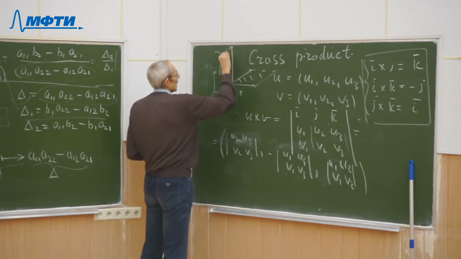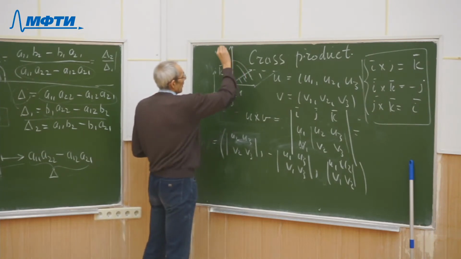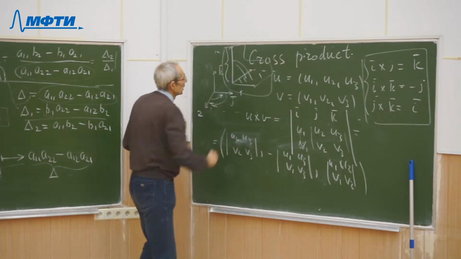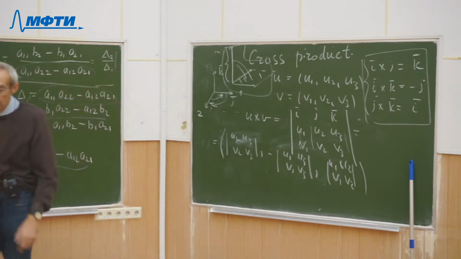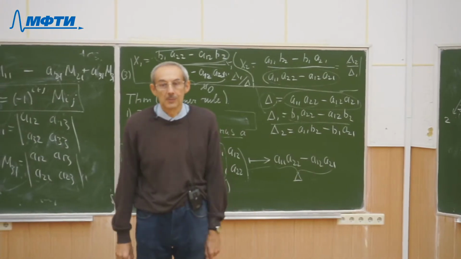The area of the parallelogram and the length of this vector are equal. So this is some preliminary explanation of the cross product. Excuse me, my time is out and I am finished.